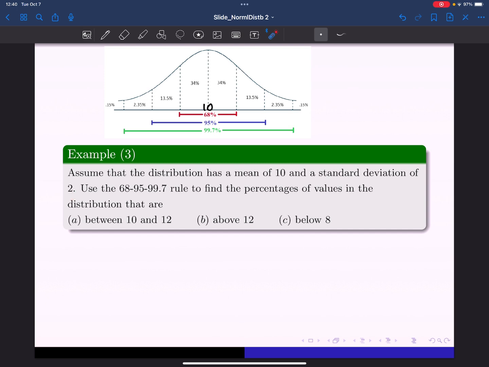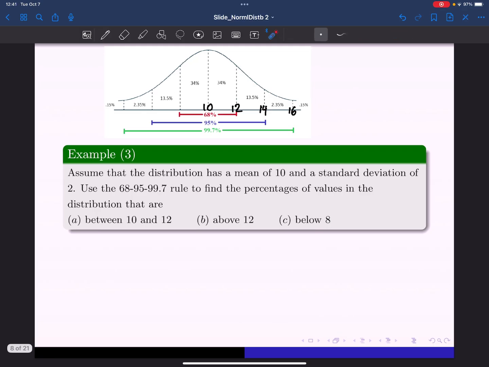So if I go one standard deviation away, 10 plus 2, this value is going to be 12. If I go another standard deviation away, this value plus 2 is going to be 14. And if I go one more standard deviation, this value would be 16.